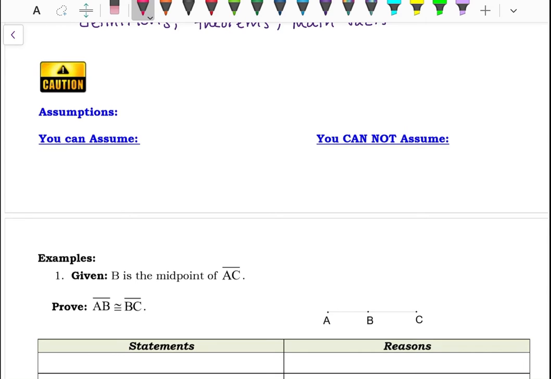So in math, we make a lot of assumptions. There are some things that we can assume are true and some things that we cannot. We can assume that lines are straight. To be honest, there's not a lot of things that you can assume in proofs, but there are a lot of things that you can't assume. For example, you cannot assume right angles. You have to prove those.